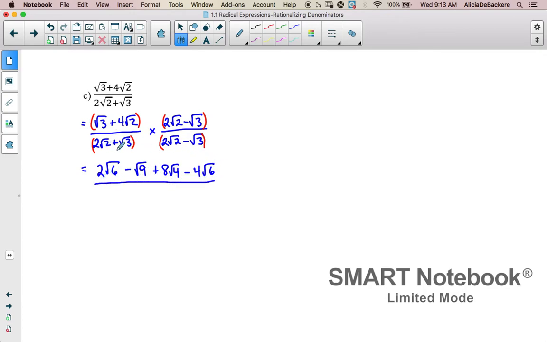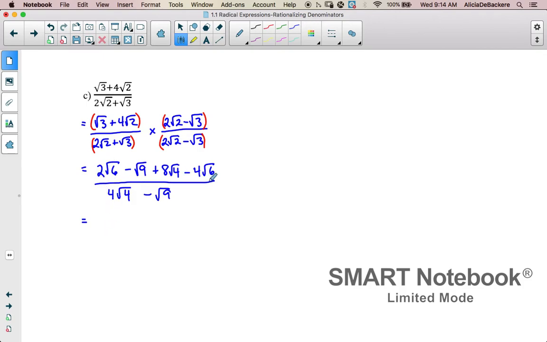In the denominator, I know that when I expand this out again, the middle terms are going to cancel out. So I'm just going to have to worry about the first term times the first term. So that'll be 4 root 4. And then the last term times the last term. So again, that should always come out as a subtraction, right? Because you've got the different signs. And then root 3 times root 3. And you can be thinking about that as root 3 squared if you want, or just go right to 3 is fine.